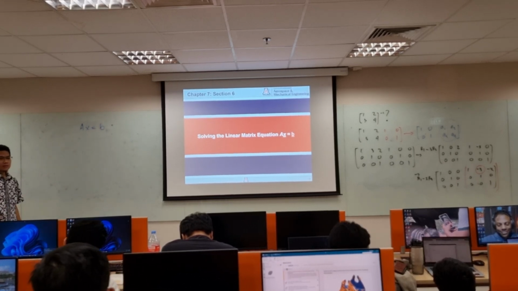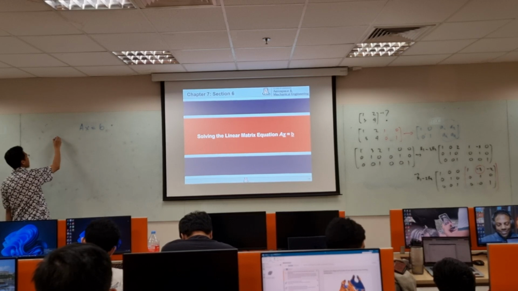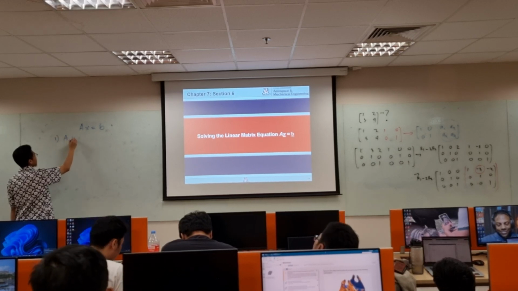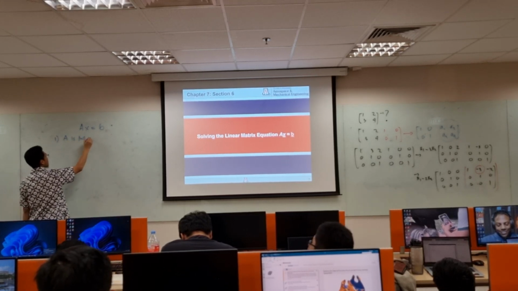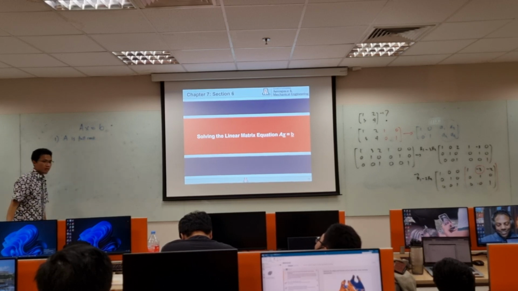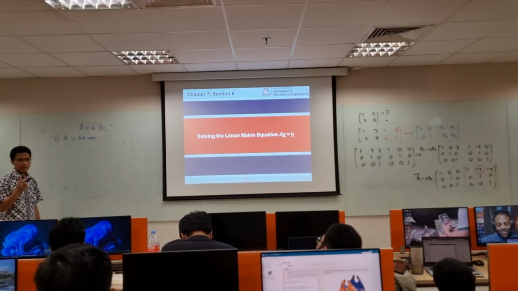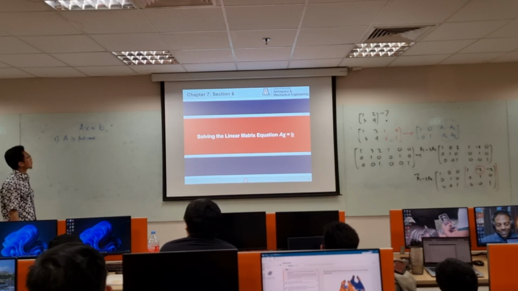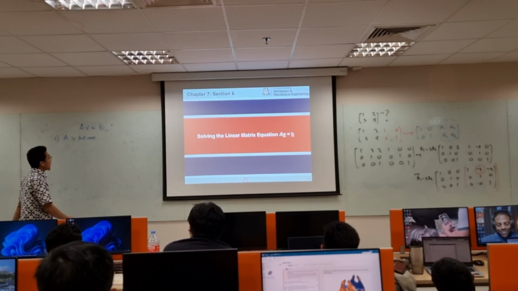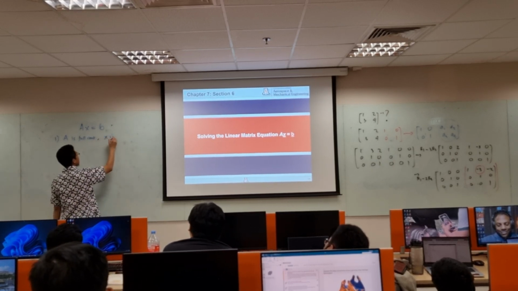The first condition is that if A is full rank, you know how to check whether A is full rank or not, right? If A is full rank, then X is unique.